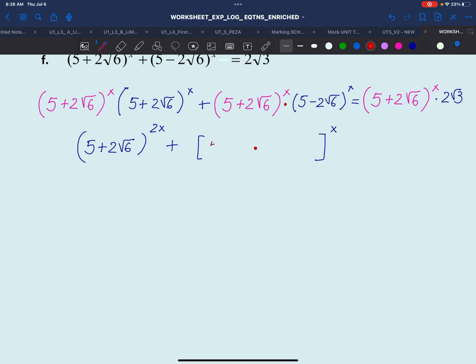And I really like how this is going to work out, because look at this. We have two conjugates, one with the sum, one with a minus. You see they're conjugates that are multiplying each other. So that's good news. So (5 − 2√6). And when I say good news, it's not that I see the solution right away, but I see that something is transforming, that something is working.